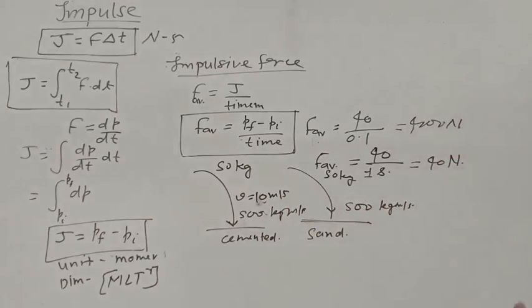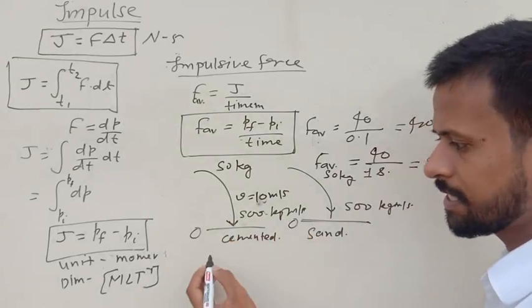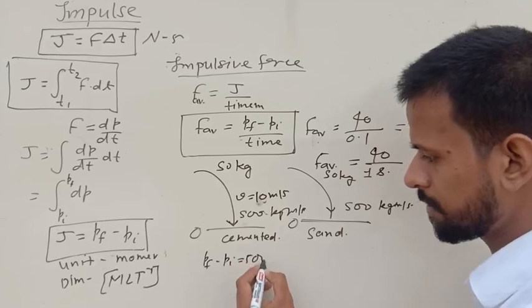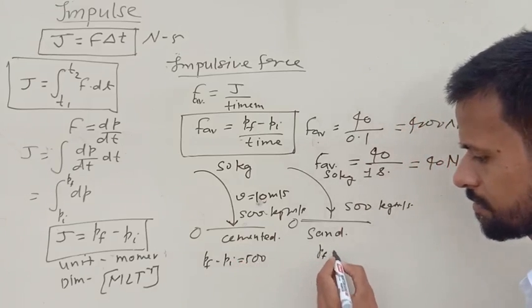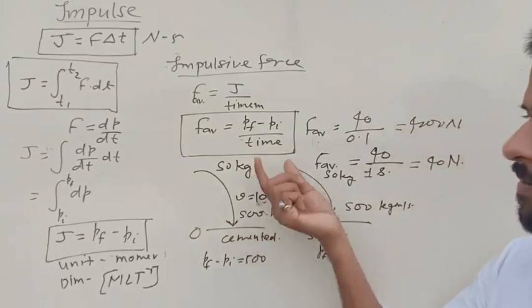When the man reaches the surface, what will be the momentum? Momentum is 0. Then the change in momentum is 500. One thing, what about time?